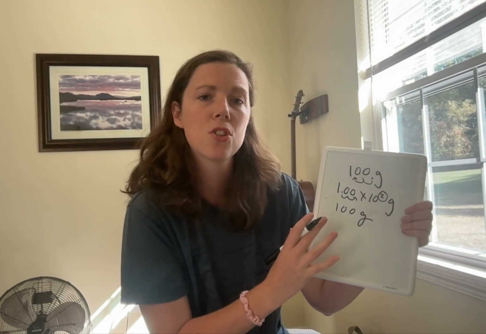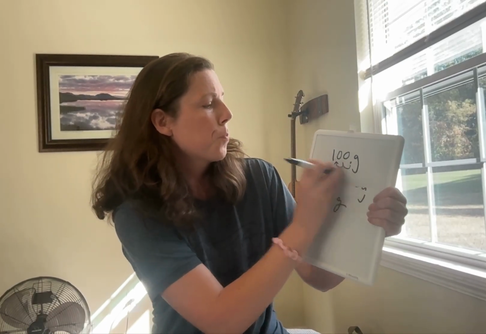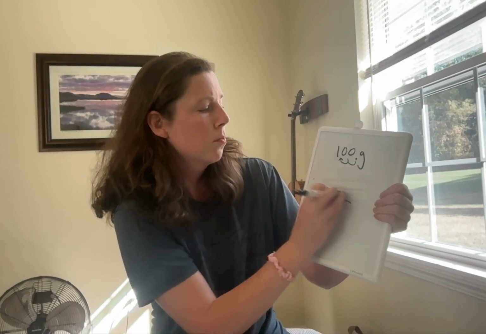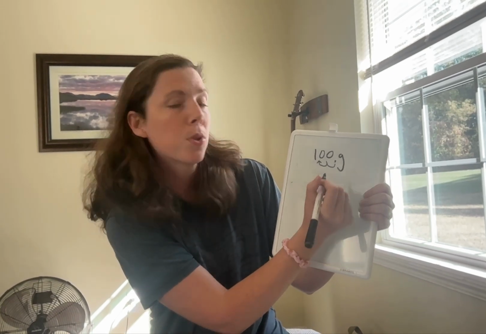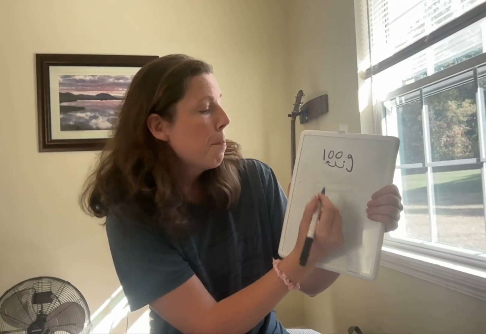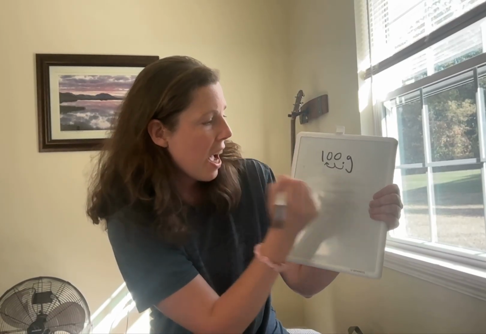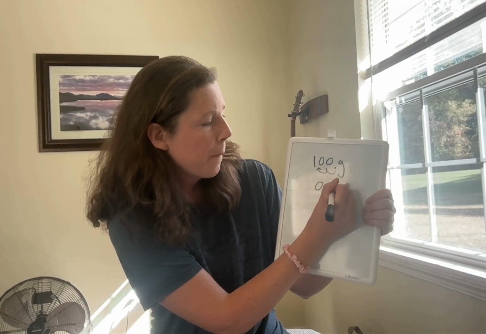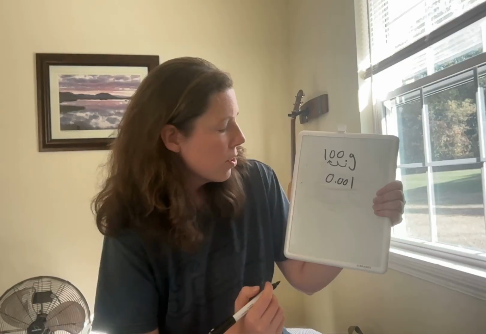So scientific notation is very handy. If you're moving the original number to the left, you're going to end up with a positive exponent. But you could also move it the other way around. So say I had this number and I wanted to express that in scientific notation.